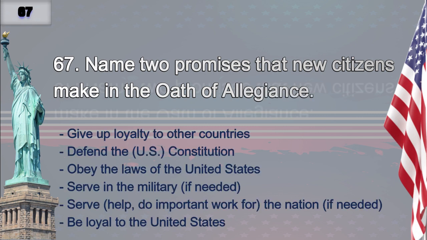Give up loyalty to other countries. Defend the U.S. Constitution. Obey the laws of the United States. Serve in the military if needed. Serve, help do important work for the nation if needed. Be loyal to the United States.